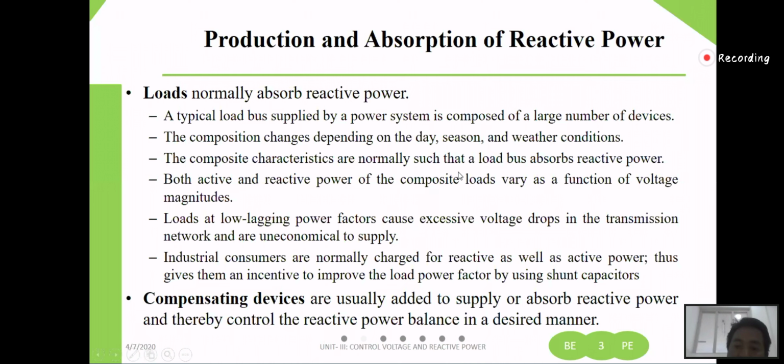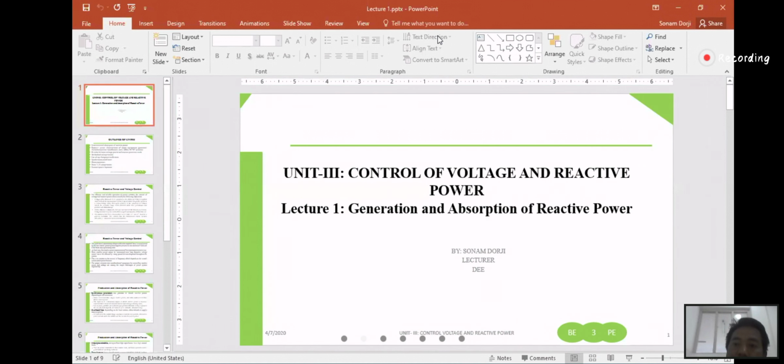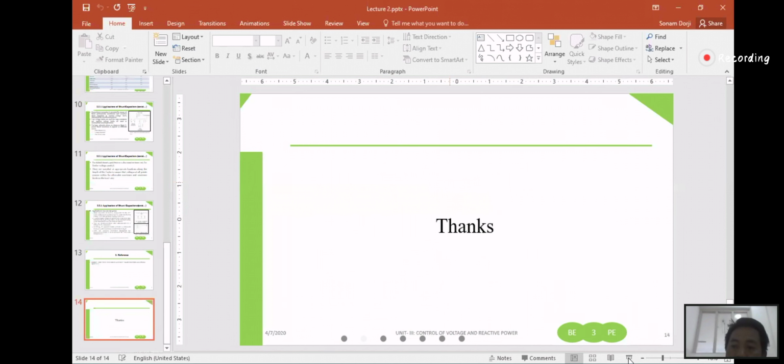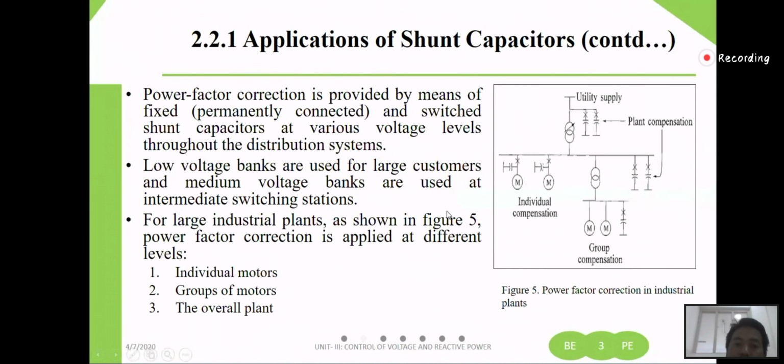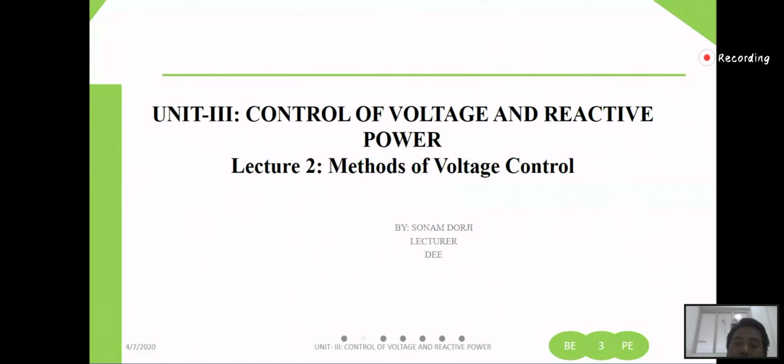Okay, so then we'll see the next lecture, which is on methods of voltage control. Now we know which device will generate and absorb the reactive power. So in this second lecture, we'll see how to control the voltage, the methods of voltage control in a transmission line.